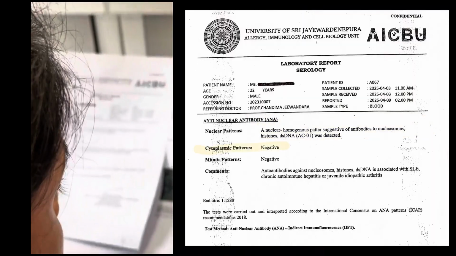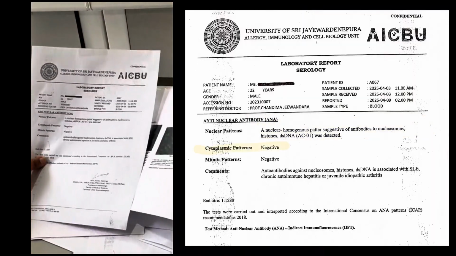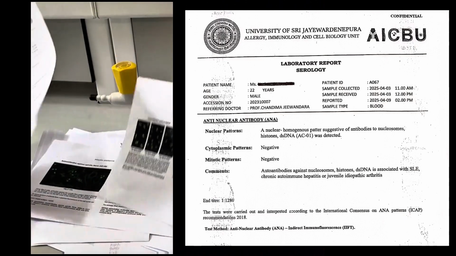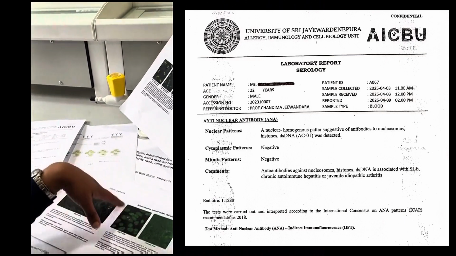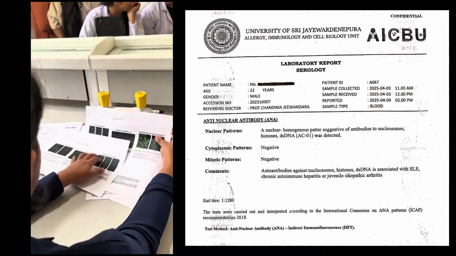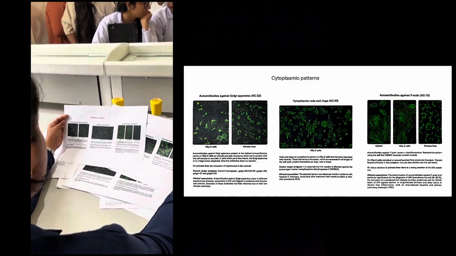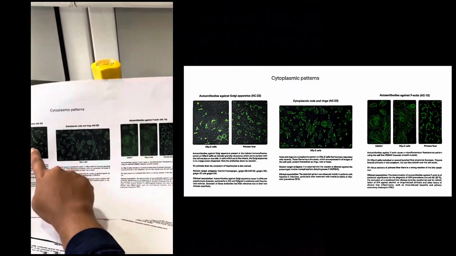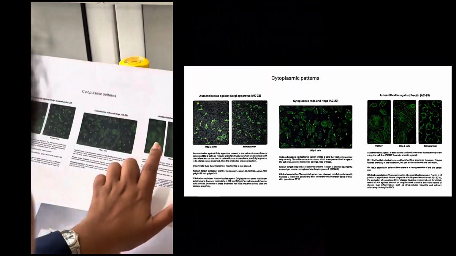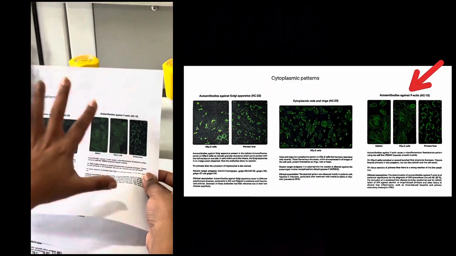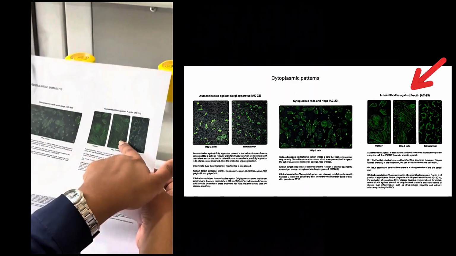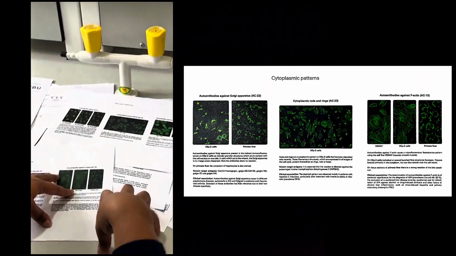There's nothing in the cytoplasm. If the cytoplasm has some pattern, it will appear like this. Cytoplasm stains are different, right? Likewise, you will see something inside the cell.